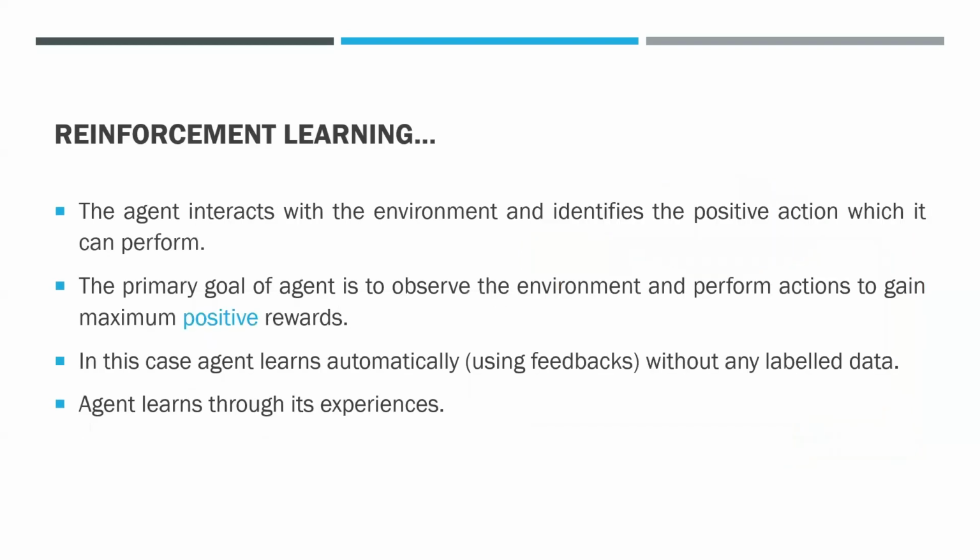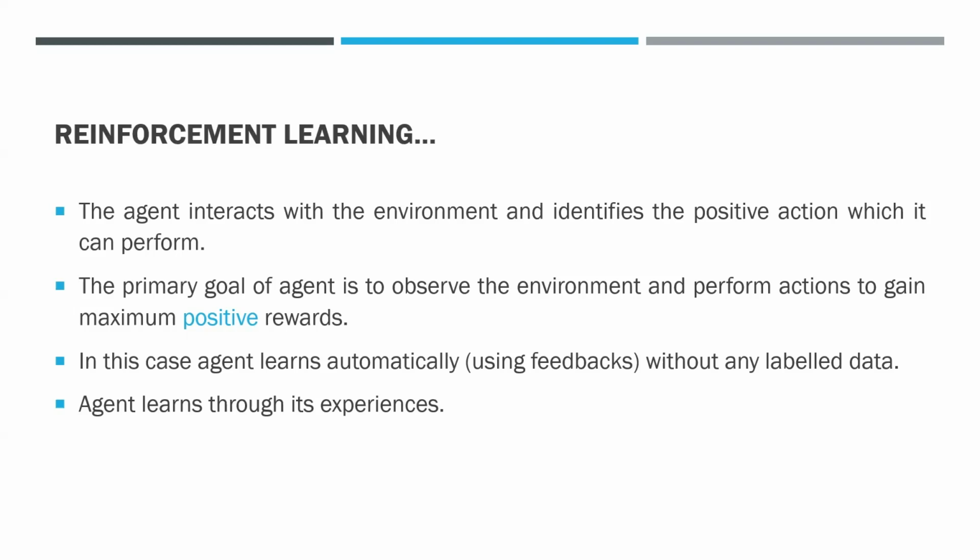So the agent interacts with the environment and identifies the positive action which it can perform. The primary goal of the agent is to observe the environment and perform the action to get maximum positive rewards. Okay. In this case, the agent learns automatically using feedback without any labeled data. There is no labeled data, which was there earlier in the case of supervised learning. But in the case of reinforcement learning, we do not have any labeled data.